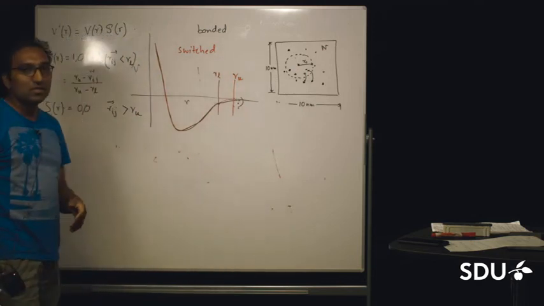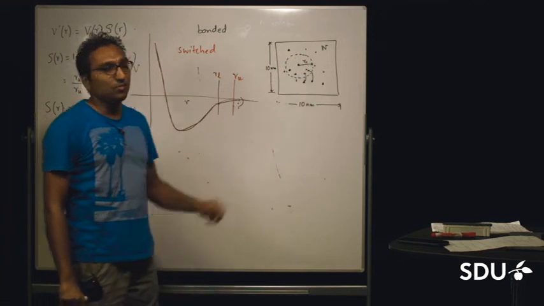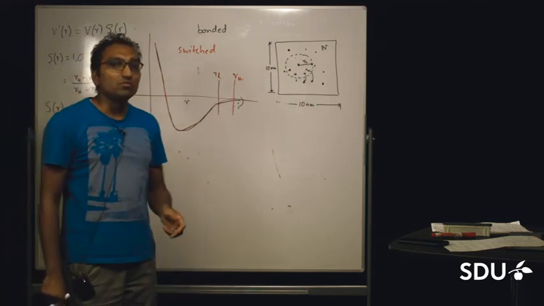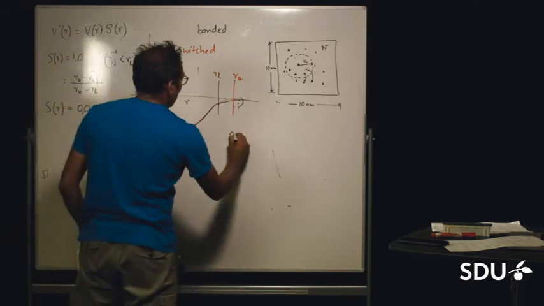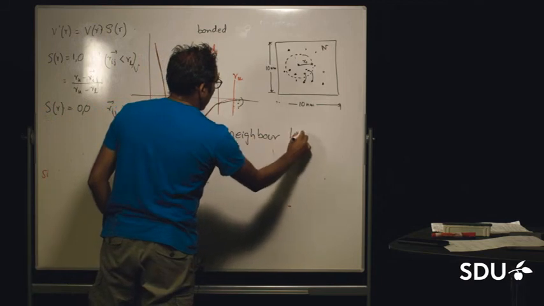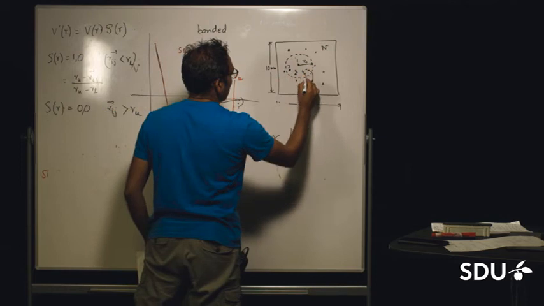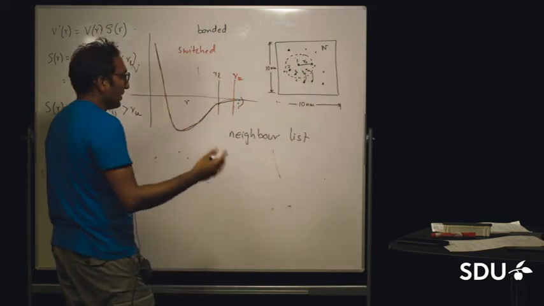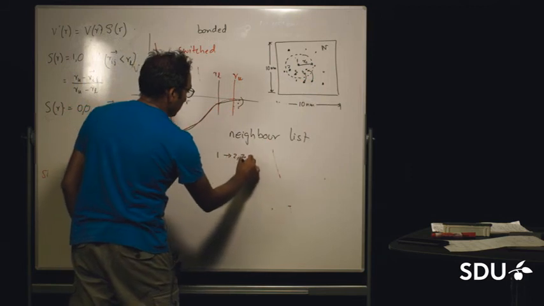What this means is, we are assuming that the neighbors of a certain particle do not change at every time step. So, what we can do is maintain what is called a neighbor list. If this particle is number 1 and these are 2, 3, 4, we maintain a list saying that the neighbors of particle number 1 are 2, 3 and 4.